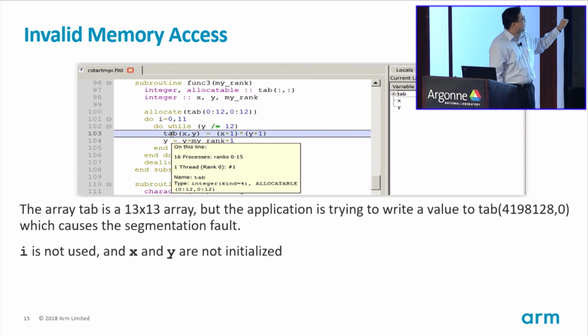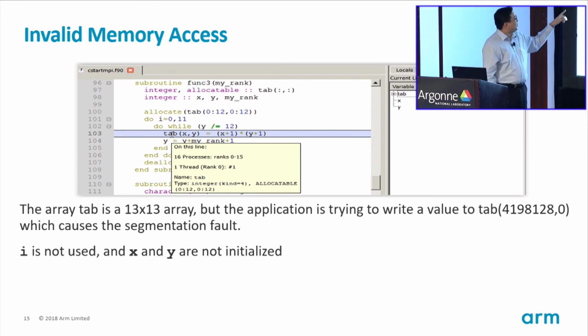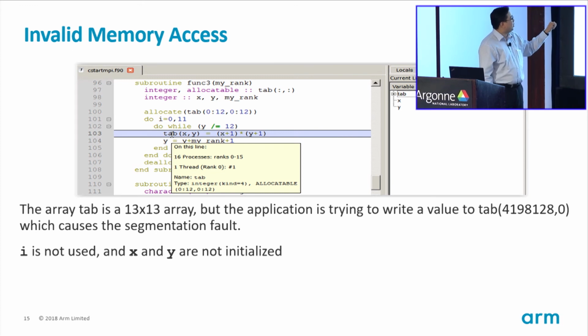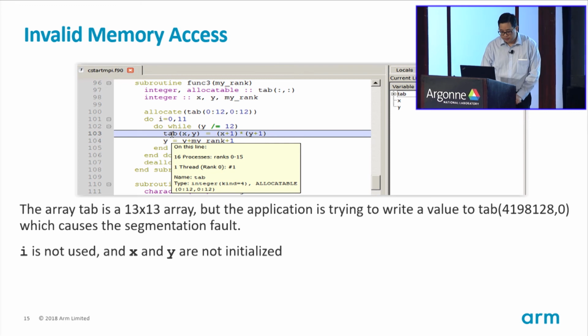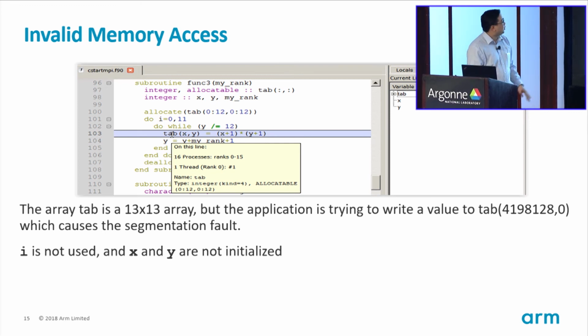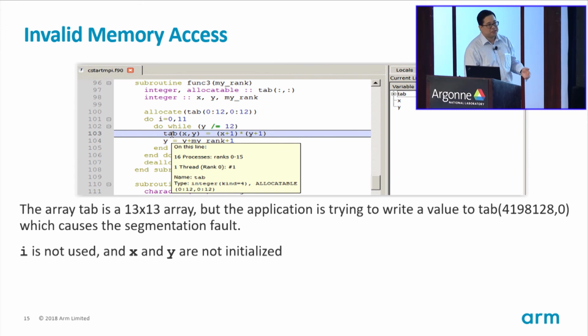DDT tells us that tab is an integer array with 13 elements, 0 to 12. And clearly, we're trying to access something that's outside of these bounds when x is like 4 million, something. Okay, so that should be enough information to help you figure out what's wrong with this code. This is why we're crashing.